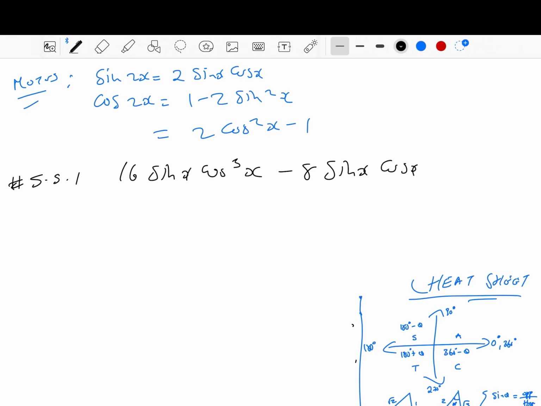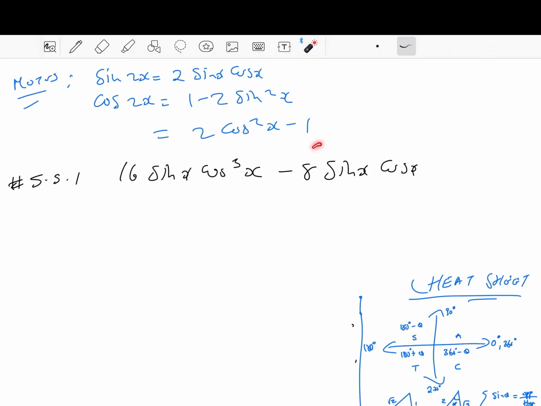See, when you see this sine x cos x, I'm like, this looks like this, right? So if you take the 8 out, or because this is 4 times 2, take the 4 out, factor it out, something's going to happen, right? There must be.